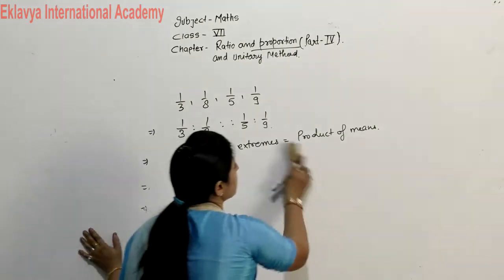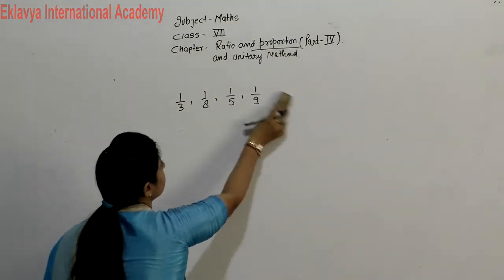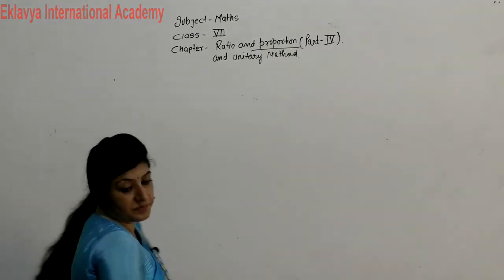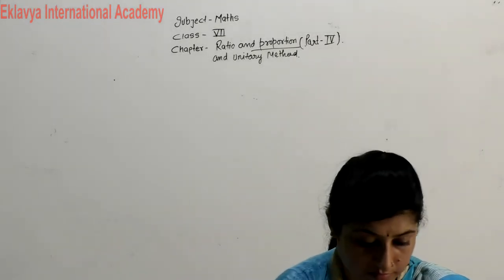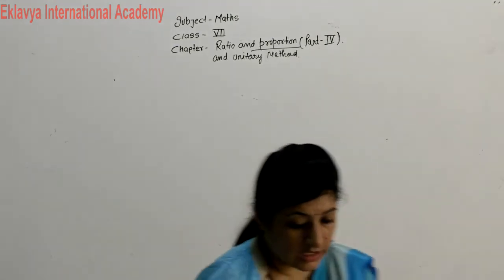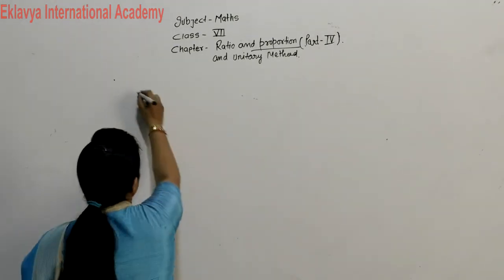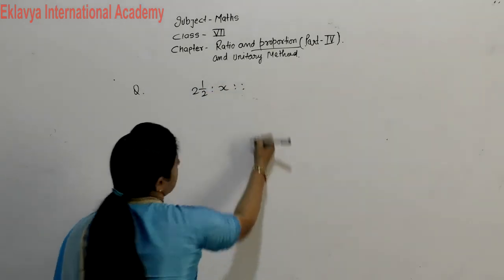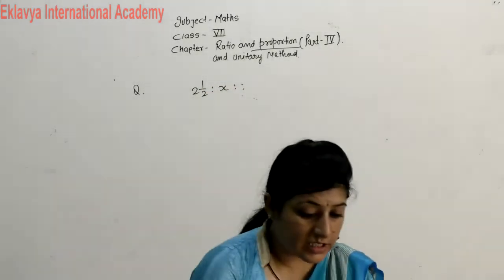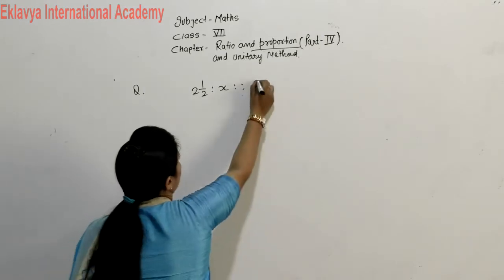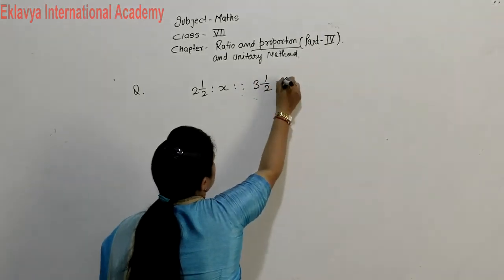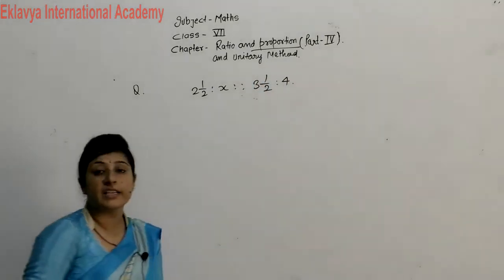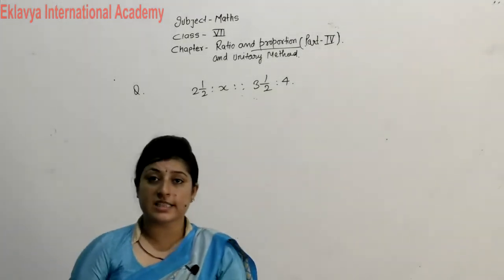Okay, another example. One proportion is given to you, 2 1 by 2 ratio x, 3 1 by 2 ratio 4. In this question, find the value of x.